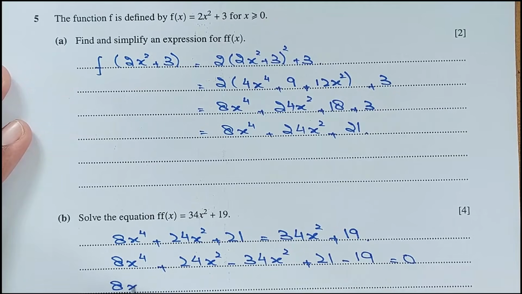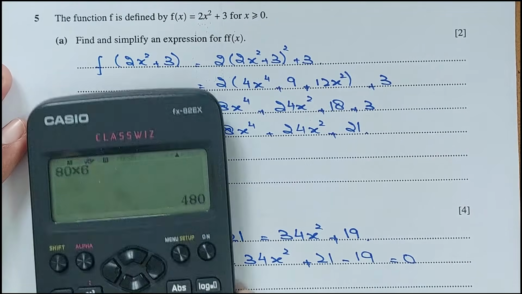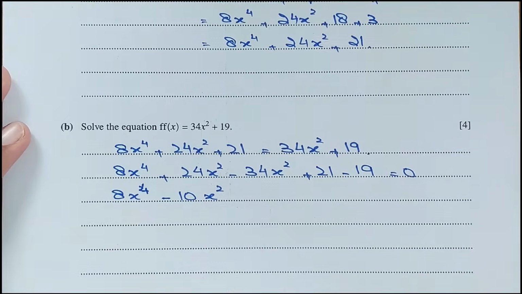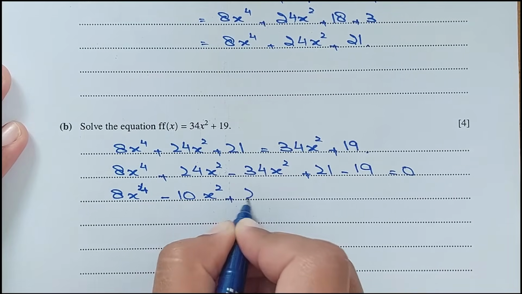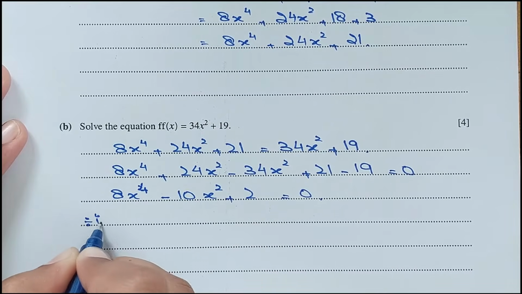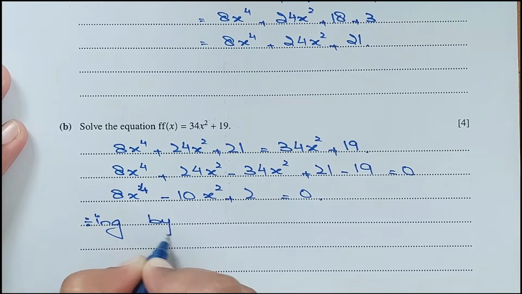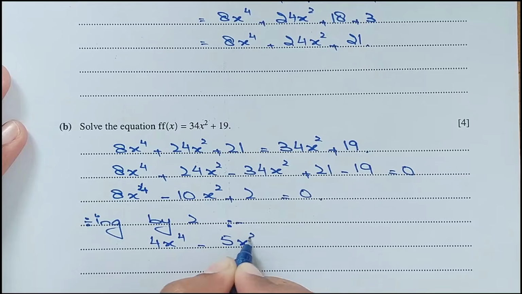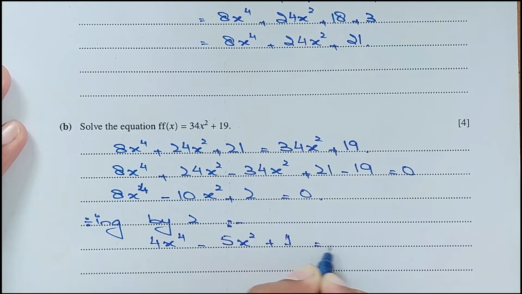So 8x^4, and 24x squared minus 34x squared is minus 10x squared. And what is 21 minus 19? Which is 2. Plus 2 equals 0. So dividing by 2 on both sides, 2 times 4 is 8, 2 times 5 is 10, and 2 times 1 is 2.